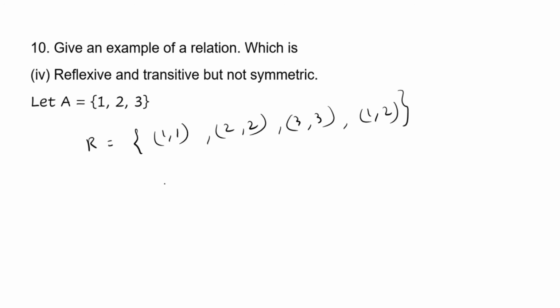So here if we take these two ordered pairs (1, 1), (2, 2) belongs to R means (1, 2) also belongs to R, therefore it is transitive. But when (1, 2) is there, we don't have (2, 1). So it is not symmetric. So this is an example of a relation which is reflexive and transitive but not symmetric.